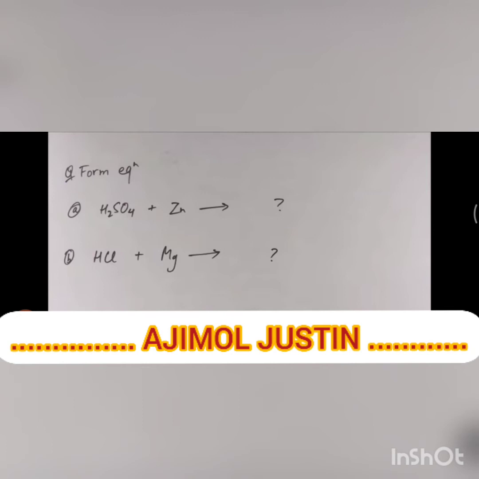Write down the answer. The answer is: sulfuric acid and zinc react together to form zinc sulfate and hydrogen. HCl and magnesium react to give magnesium chloride and hydrogen.